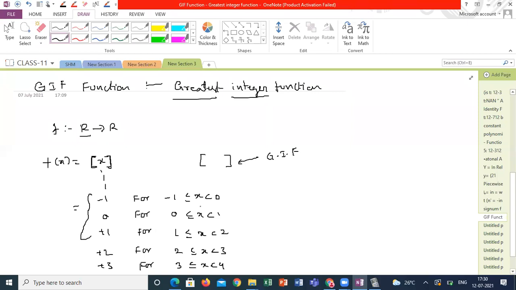Like this, you can write infinitely many intervals. This function is defined as infinitely many constant functions over infinitely many intervals.